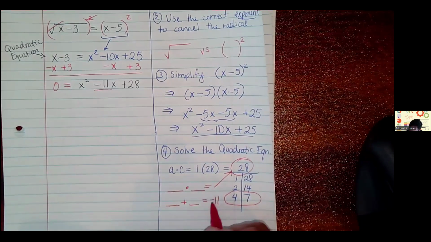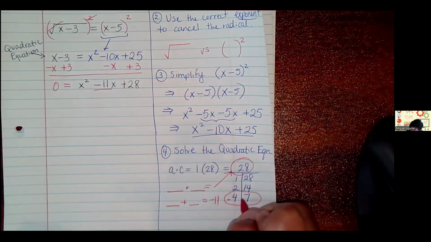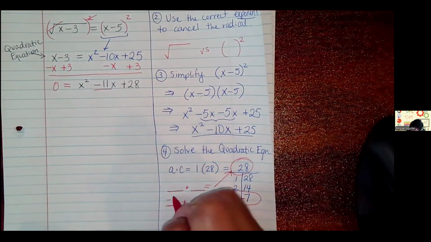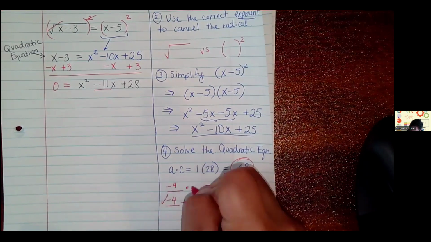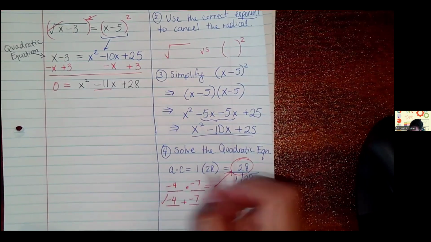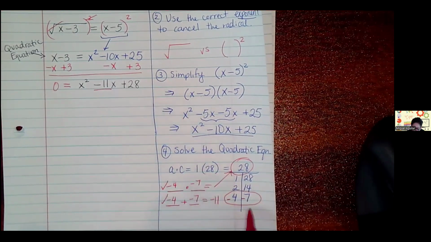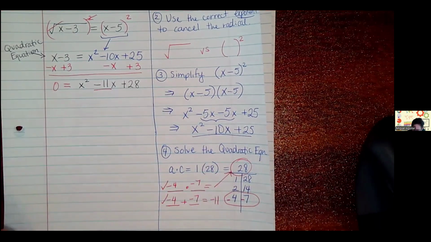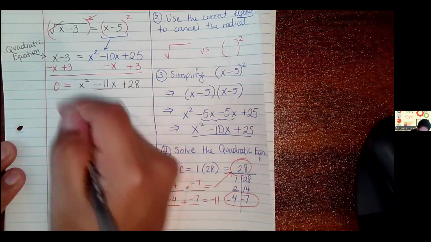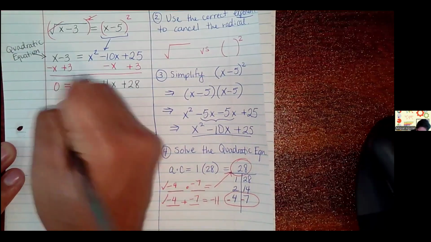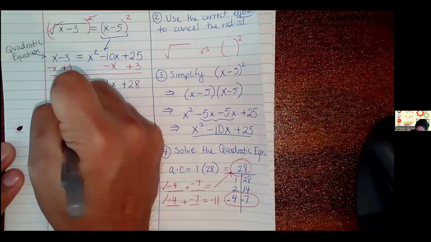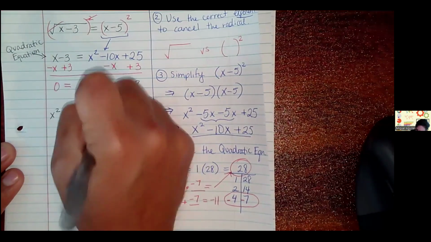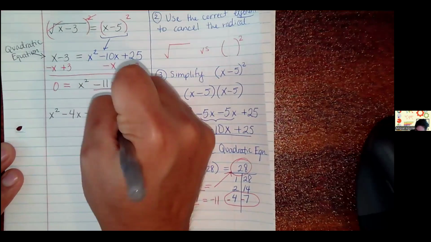But in order to get this middle coefficient, I have to make them both negative, so that negative 4 plus negative 7 gives me negative 11, and negative 4 times negative 7 will multiply to give me that positive 28. So both of those needed to be negative, so that I can now go back to my trinomial here and write this as x squared minus 4x minus 7x plus 28.